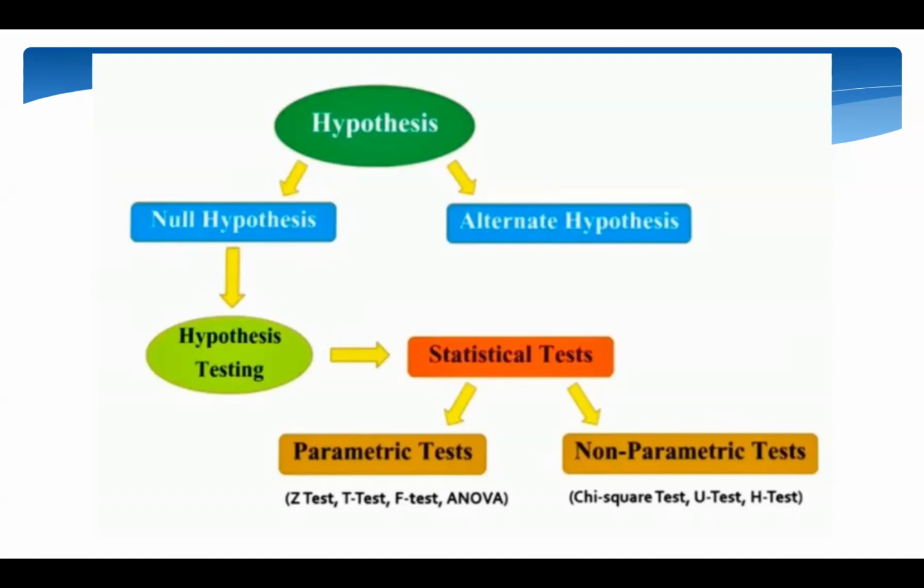Okay, but in case we don't have all those assumptions, like if the data is not normally distributed, or the sample is not randomly collected, or the scale of measurement is ordinal or nominal, or the sample is too small, then we might as well use a non-parametric test.